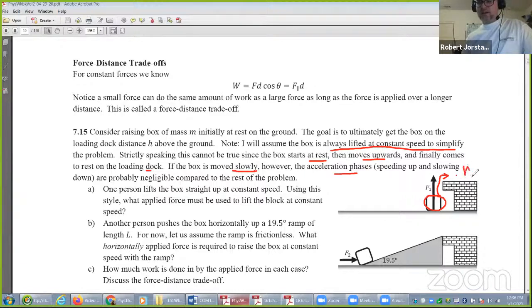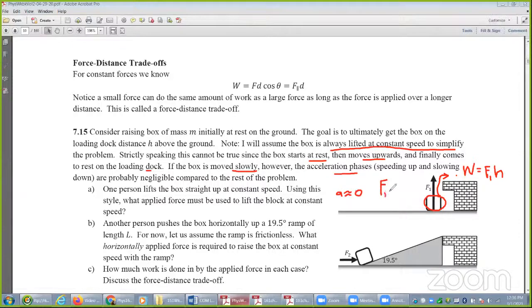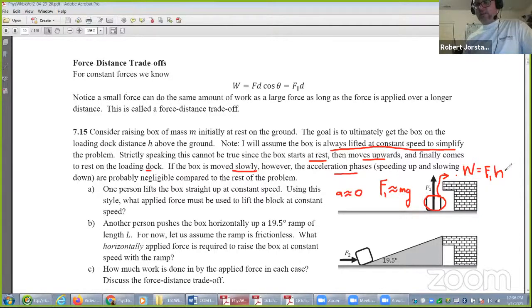So the work done by this case should equal F1 times the height. If acceleration is negligible, so if a is approximately equal to 0, how does F1 compare to mg? They're about the same. Yeah. So notice, and the angle between them, I should be careful here.